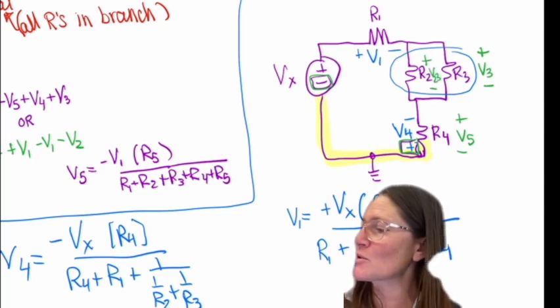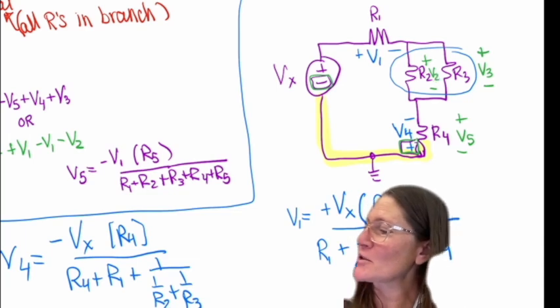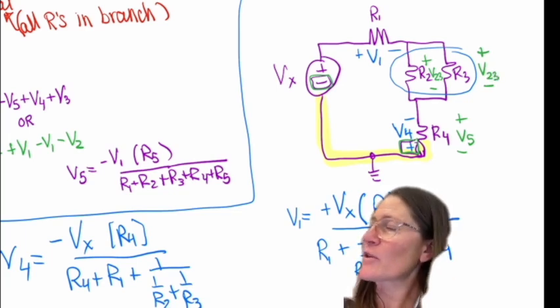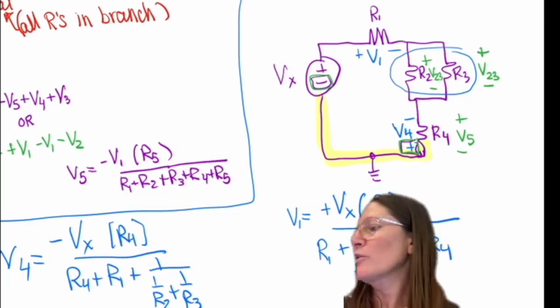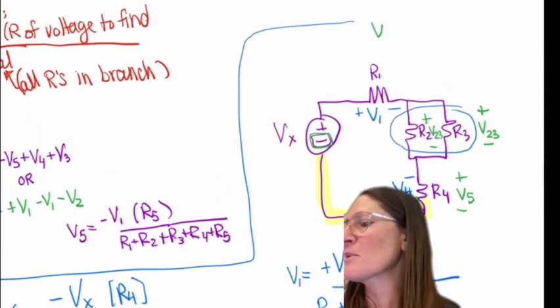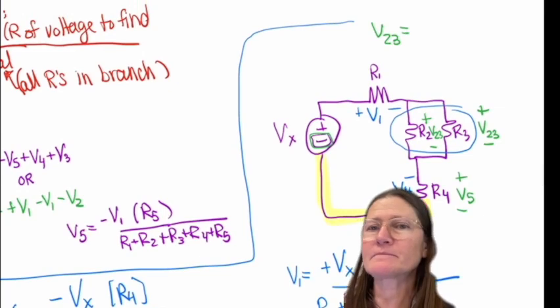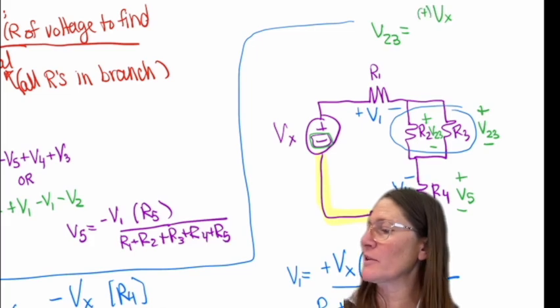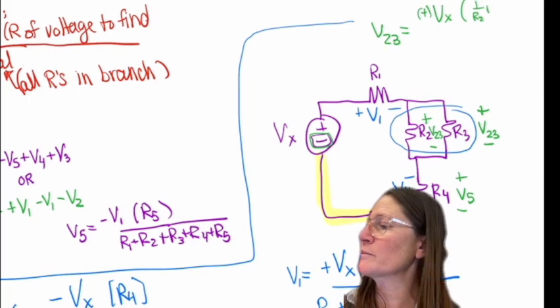Maybe I'll call it V23. Call it 2-3. So that's across both of those. So then V23, is it going to be positive or negative? Okay, good. So it's going to be positive, and then it's going to be the equivalent of those two.